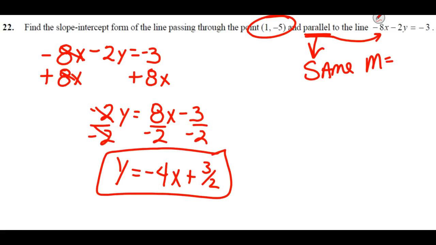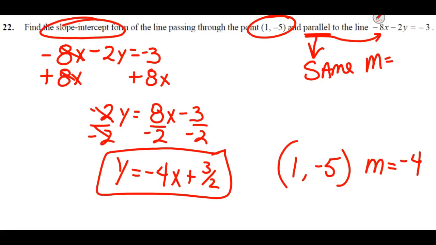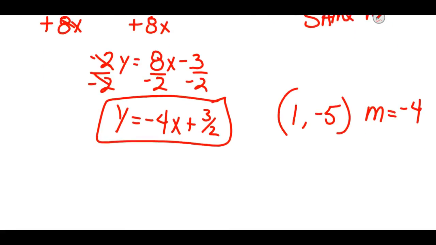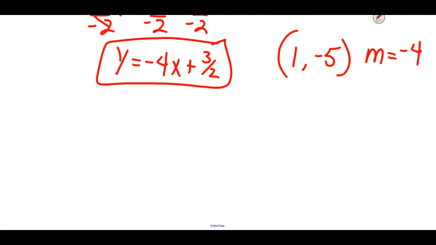I know that I have 1, negative 5 for my new equation. That's where it's going to go through. And my slope is exactly the same as what is in this equation, which is negative 4. Now, the nice thing about this one is they just want it in slope-intercept form. So, saves me a little time on the back end, which you'll see in a second.